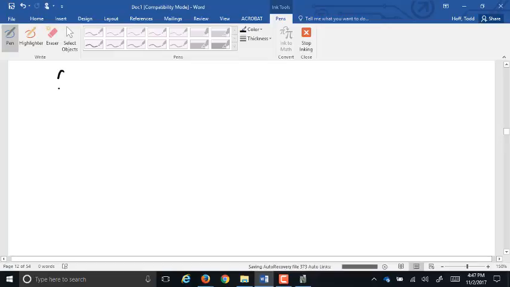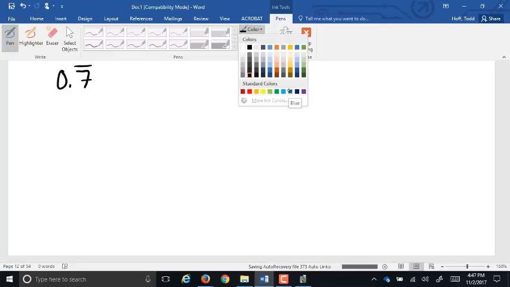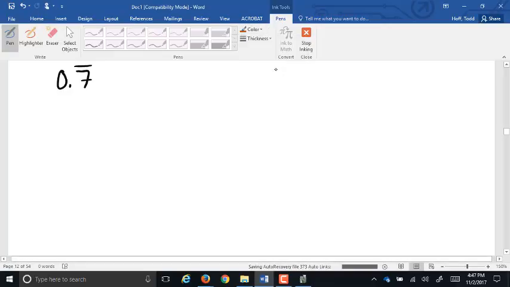Let's deal with 0.7 repeating. What's my first step? Let x equal the decimal, right? My second step depends on how many digits repeat.